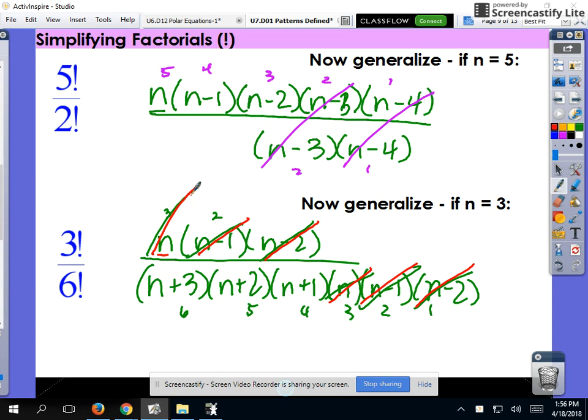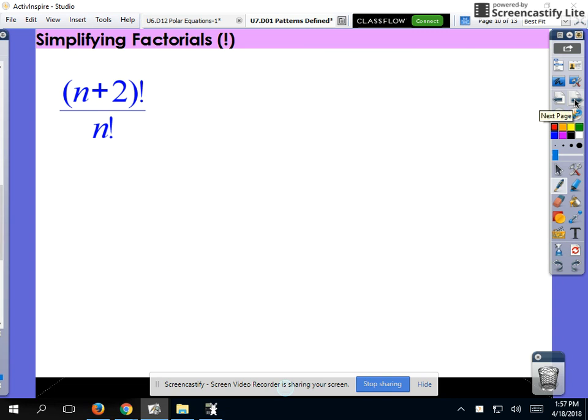Now, all of this is to show you that if I start with something that looks crazy like this, n plus 2 quantity factorial over n factorial, we can cancel things out, even if they do seem to go on forever. So the way you'd write this, that would be n plus 2. If I take away 1, that would be how I get to the next one.